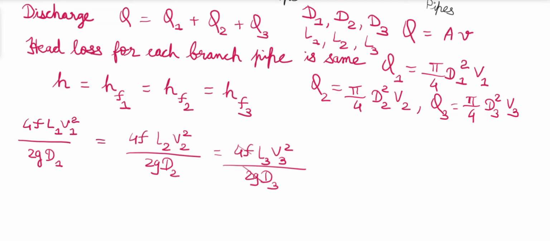Now as you can see here, 4F and 2G will get cancelled as it is the same everywhere. Then as I said, we'll make V the subject of the equation. Q1 is equal to pi by 4 d1 square V1. We can write that as V1 is equal to Q1 upon pi by 4 d1 square.